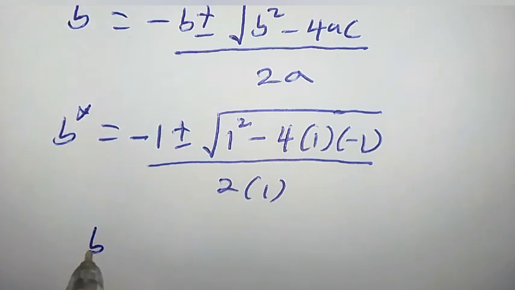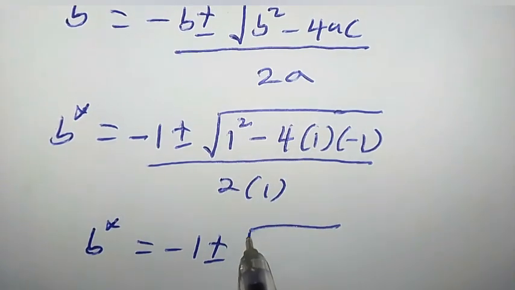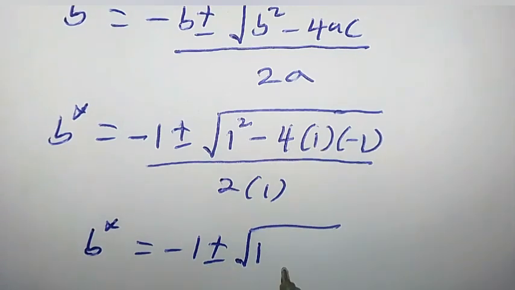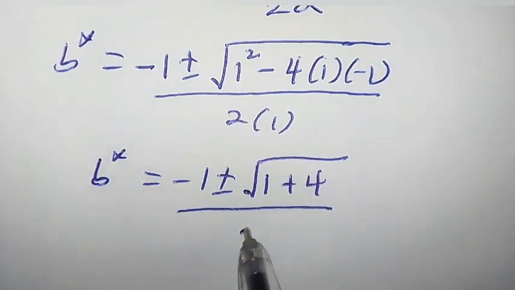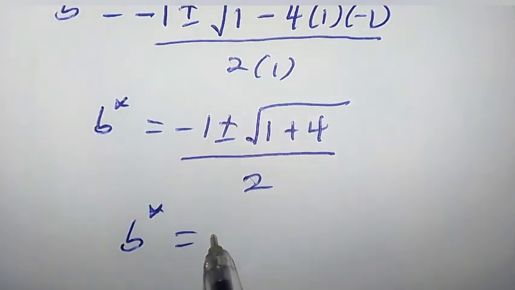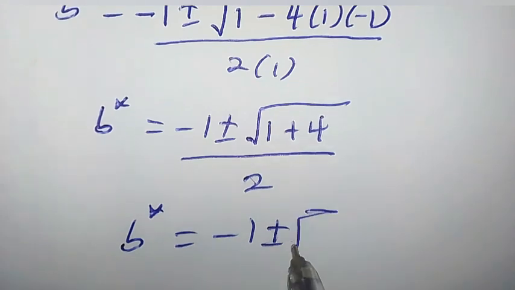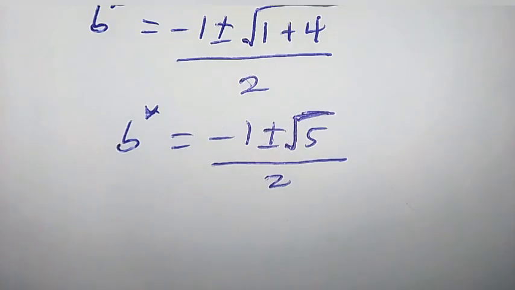So B star is equals to minus 1 plus or minus square root of 1 to the power of 2, that is 1, minus 4 times 1 times negative 1, that is plus 4, all over 2 times 1 is 2. So B star is equals to minus 1 plus or minus square root of 5 all over 2. Let's proceed further.